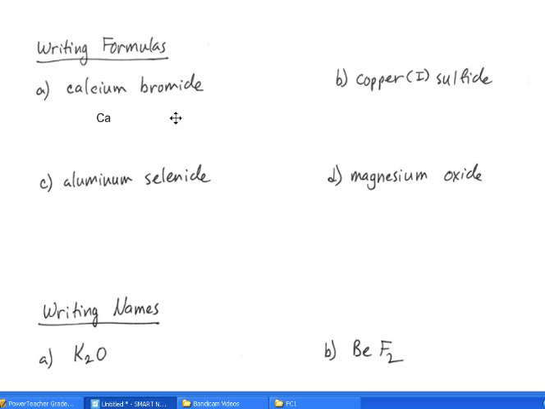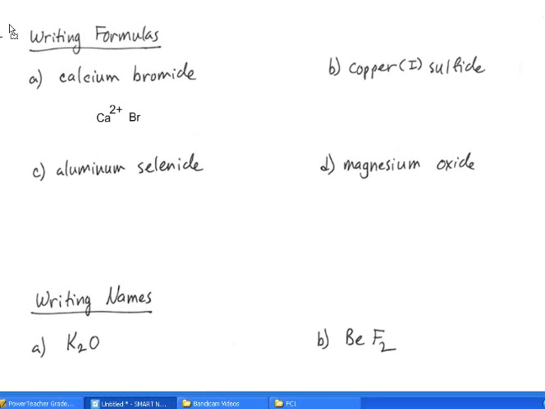Calcium and bromide. And of course, all my things are going off the page here. Let's see if I can fix that. All right, so calcium is 2 positive. Bromide is 1 negative.